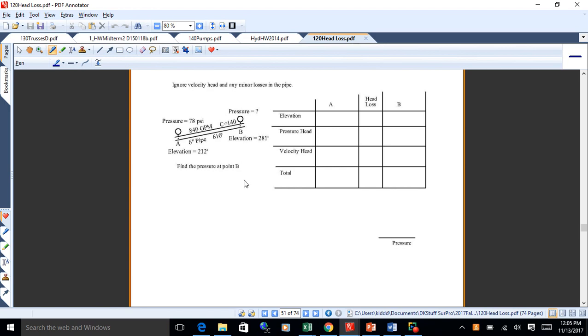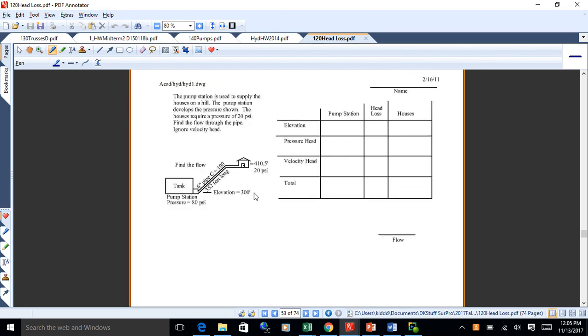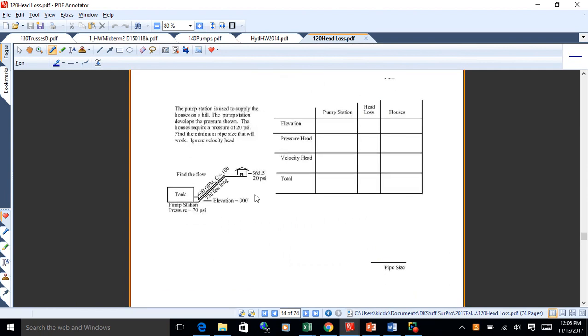And then the next two, we got C of 100, and we want to find the flow on the first one. And then we want to find the pipe size on the second. So that's for C100. When you want to find pipe size, what you want to do is find one pipe that's too big, the other pipe that's too small.